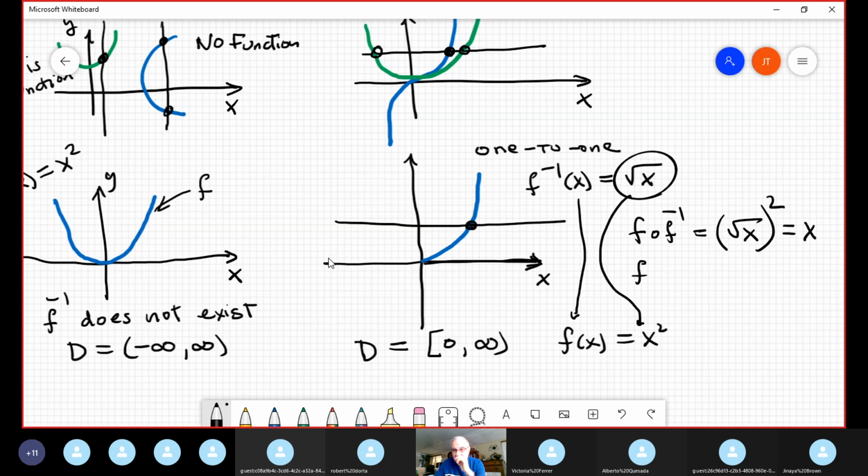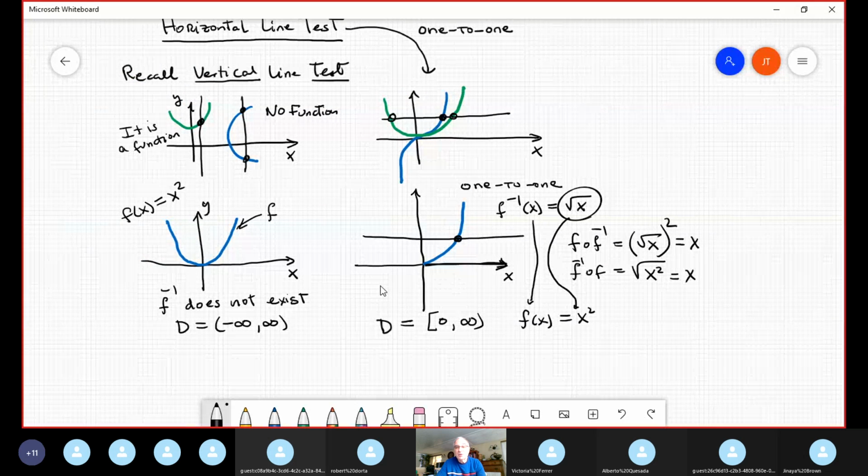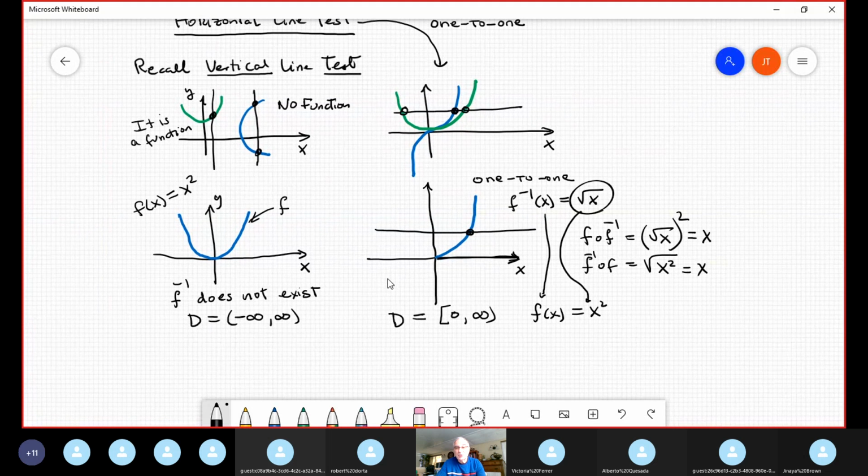A similar situation happens if you put them in a different order: f inside this, you have the square root of x squared. Same situation. So remember, the first thing you should do in this problem is determine if the function given in the problem is one-to-one. And always form the composition to verify that your inverse is correct.